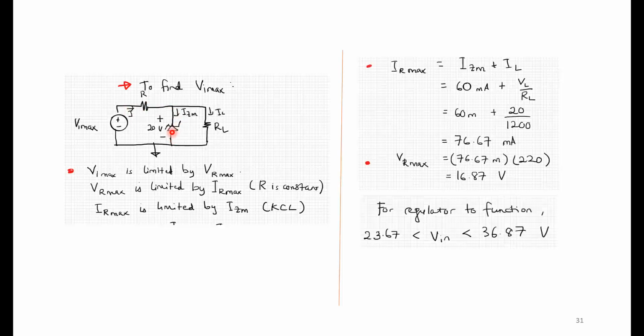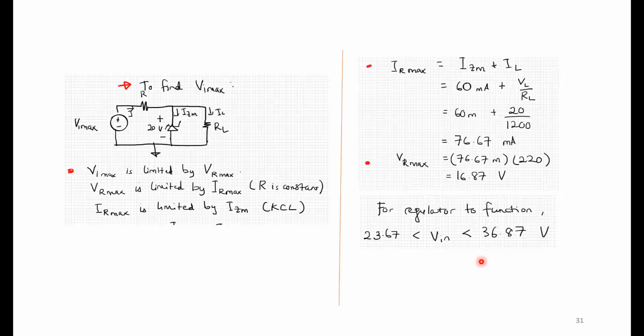So for regulator to function, okay, Vin has to be less than 23.67. Okay, this is from the previous slide, and it has to be less than 36.87.